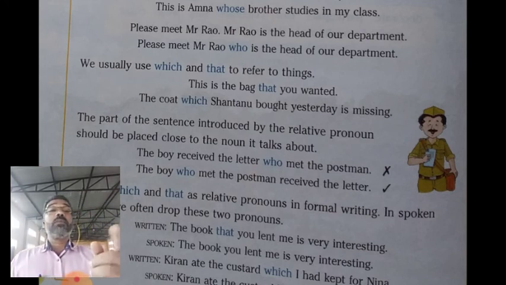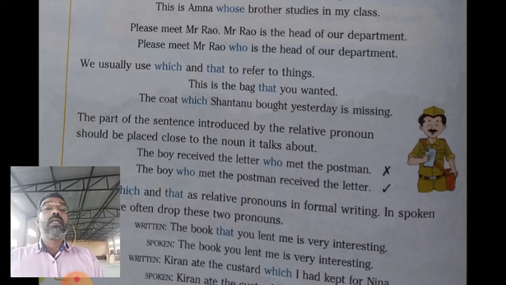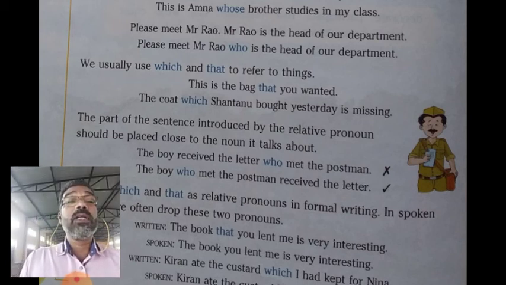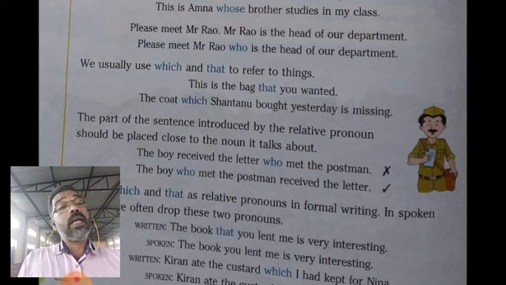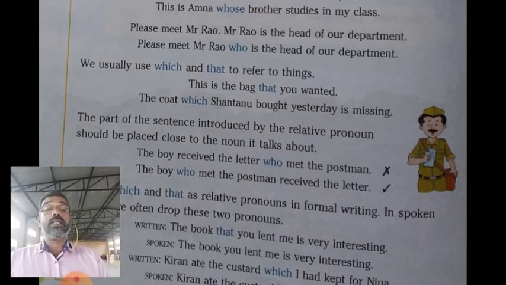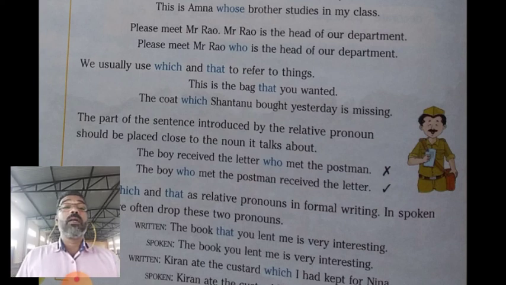So, in both the sentences, which and that are used for things, or animals also it can be used. So, which or that are used for things, who, whom, and whose are used for persons or people.